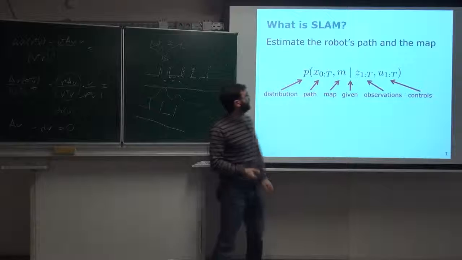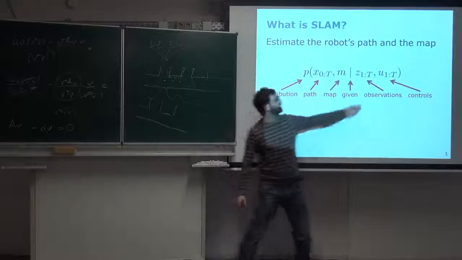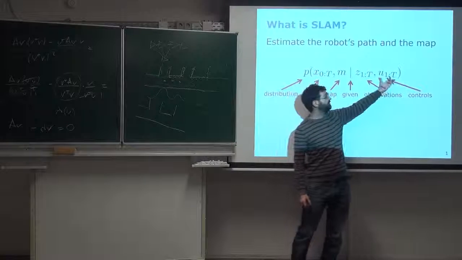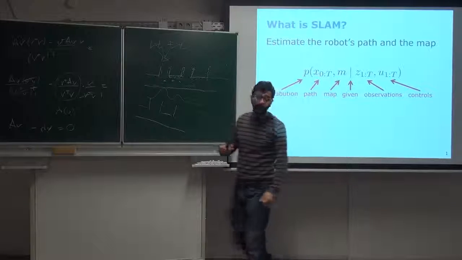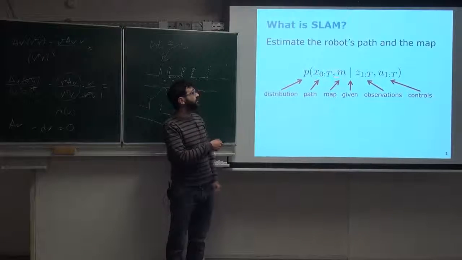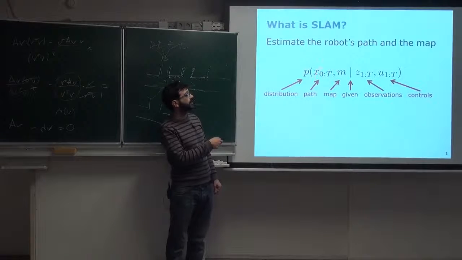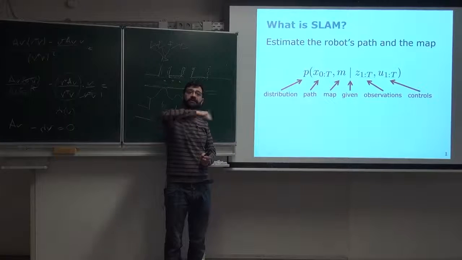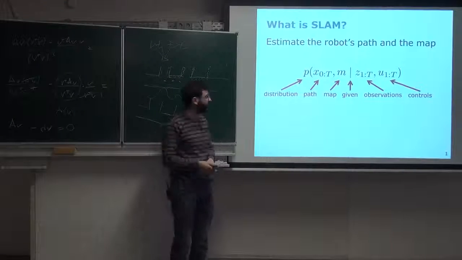And in some way you can summarize it as: given that I have some measurements of the world and some measurements of how the robot moved in the world from its own sensor data, I want to know how the world looked like, so this M here, and I also want to know where the robot is in this world, or how the robot navigates in the world, so where did it collect all this information, okay?